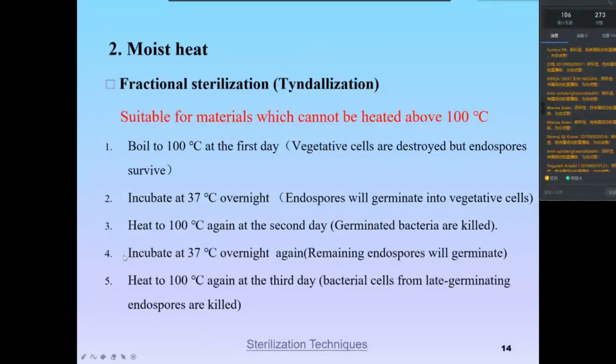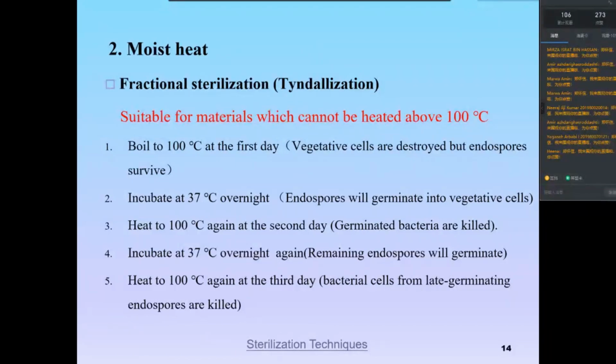Then you incubate at 37 degrees to allow them to germinate again, and then you heat to kill the germinated bacteria again. After several turns of this boiling and incubation, you can kill all forms of microorganisms in your substance.